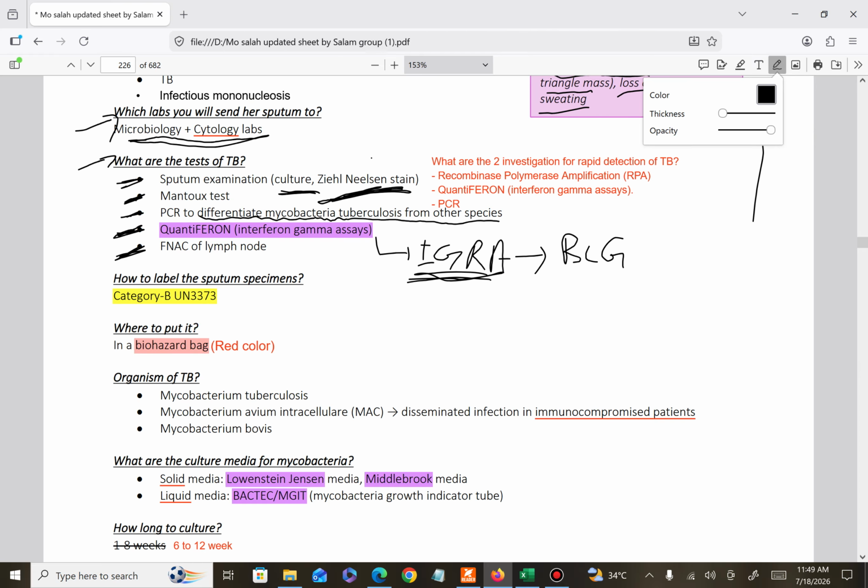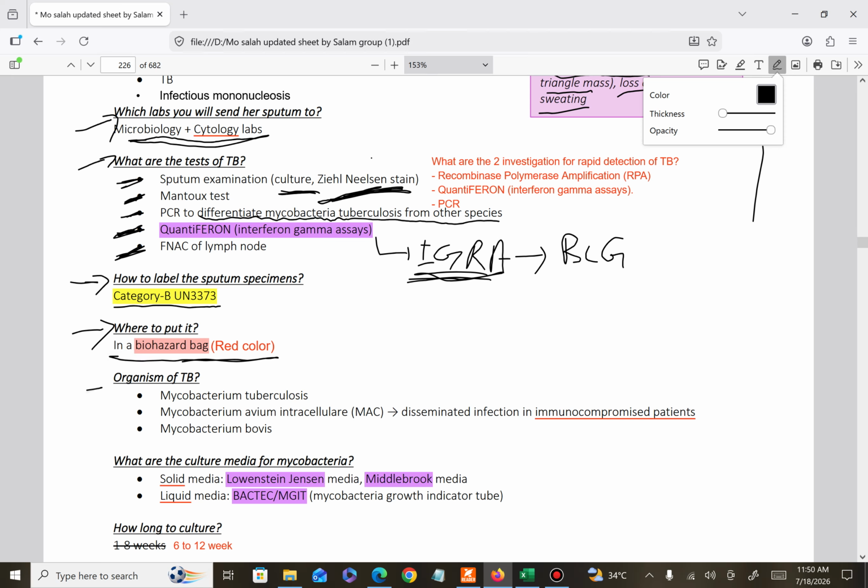How to label the sputum specimen? The sputum specimen can be labeled as category B UN 3373, and the specimen is put in a biohazard bag which is red in color.